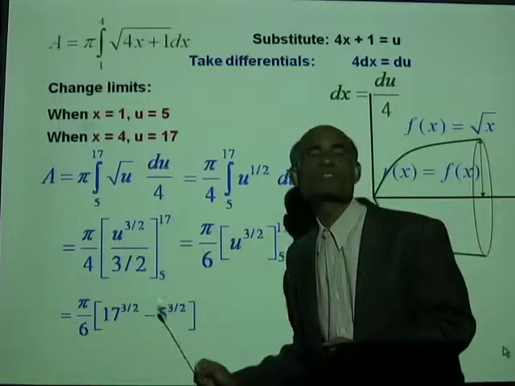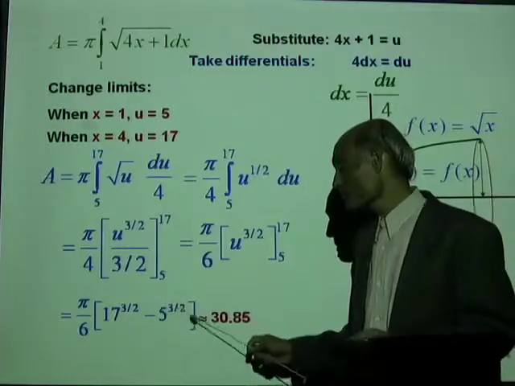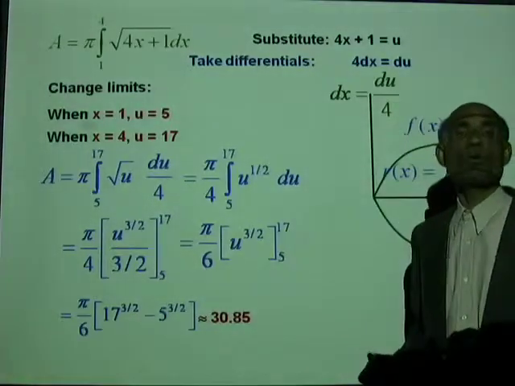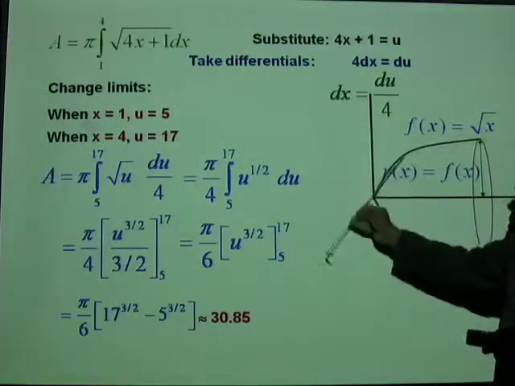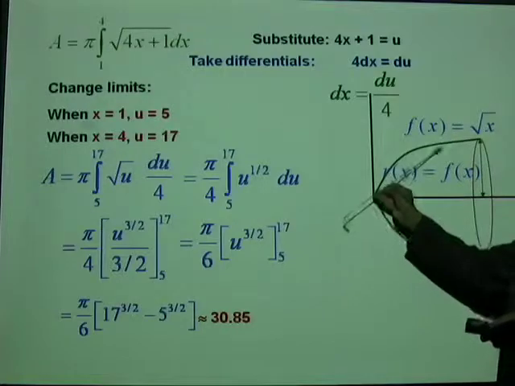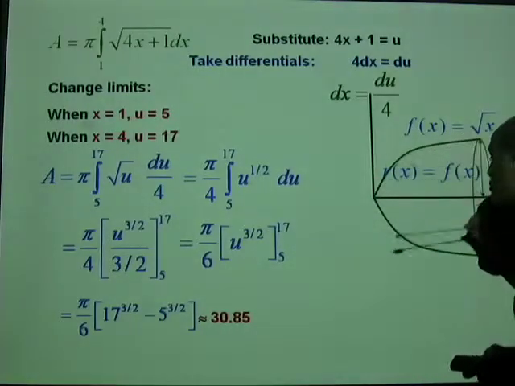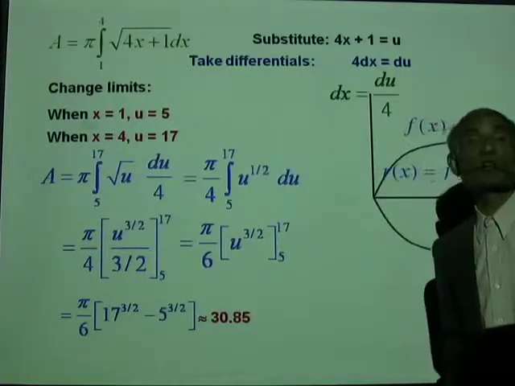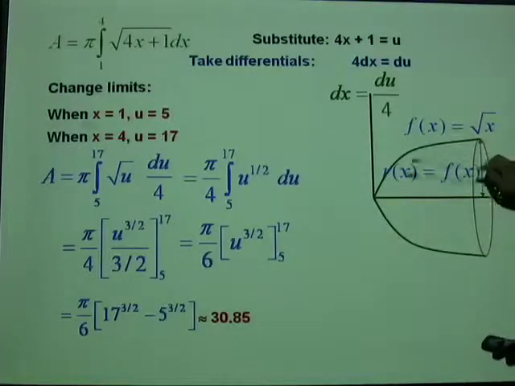The only thing we can do is put that in the calculator and get an approximate value. So that approximately is 30.85 square unit. So when this arc is revolved about the x-axis, the surface generated has an area of 30.85 square unit. Can you visualize what that area will look like?